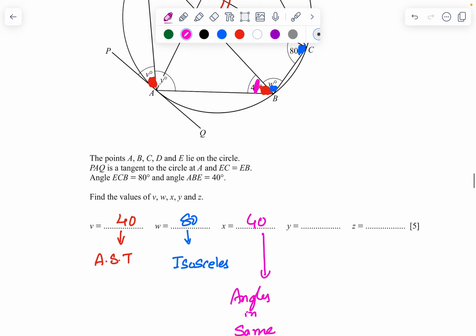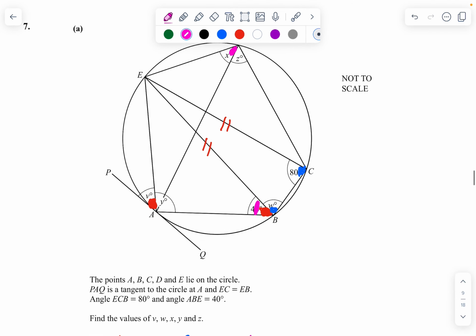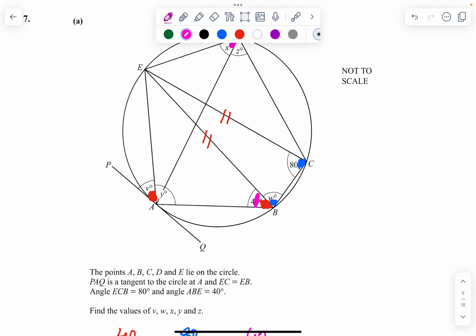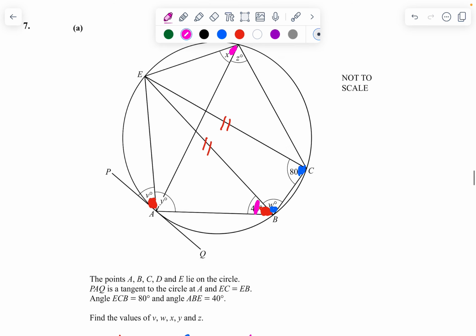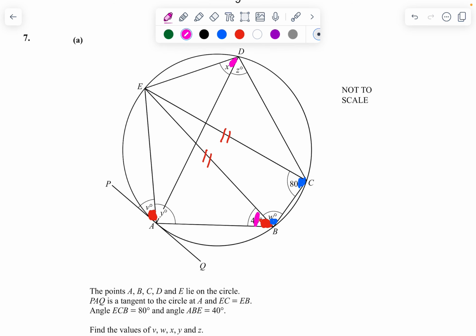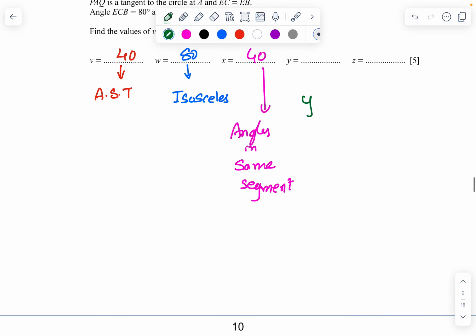Then I want to find Y. Now this angle and this angle are in a cyclic quadrilateral. Sum of opposite angles in a cyclic quadrilateral is 180 degrees. So Y equals 100 degrees.